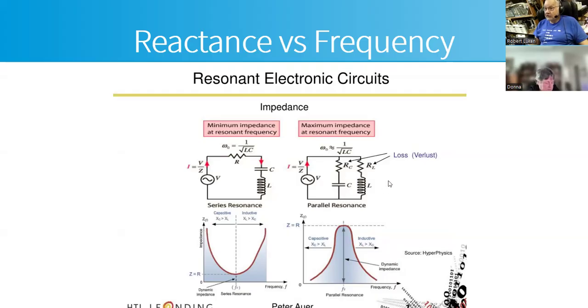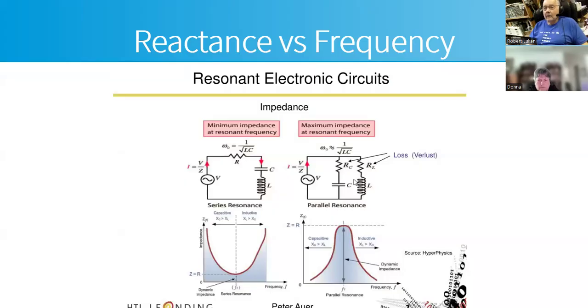When we look at the parallel circuit, we start off low, we go high at resonance, and then we go back low. Again, the Q of the circuit determines how sharp this curve is going to be.